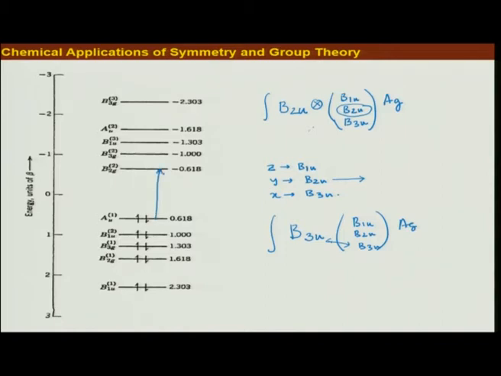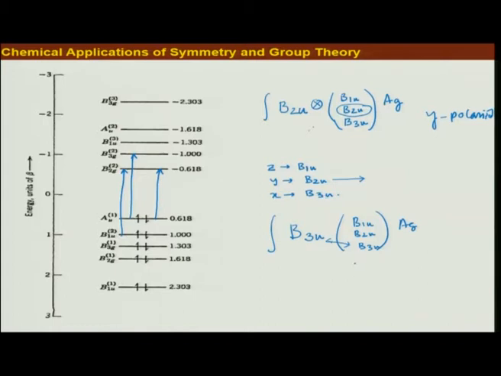The second transition refers to the electron making a transition from here to here, and the third transition refers to a transition from here to here. The first one, we see that this is y polarized, while for this one I can see B3 transformed as X transformed as B3U.